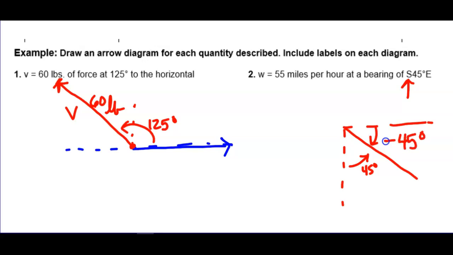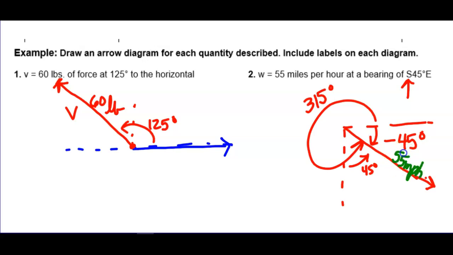So you could call this a negative 45-degree angle, or you could say it went all the way around this way, which would be a 315-degree angle. And its length, or magnitude, is 55 miles per hour from its tip to tail here. And I think that's everything. Oh, W, we're supposed to label it W.